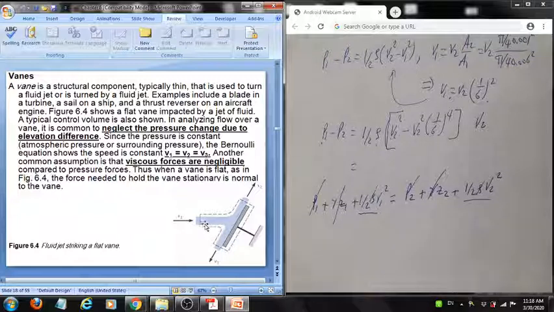So we end up with V1 equals V2 equals V3. Under real conditions, however, V2 and V3 are always less than V1, and V2 does not necessarily equal V3.